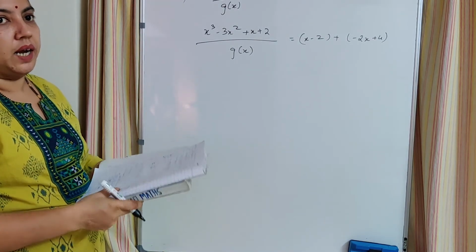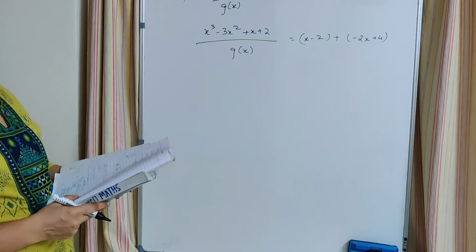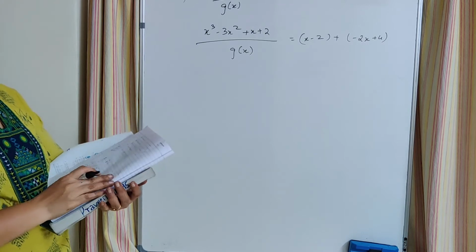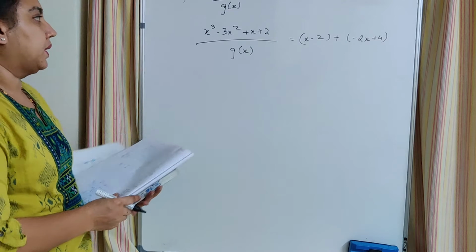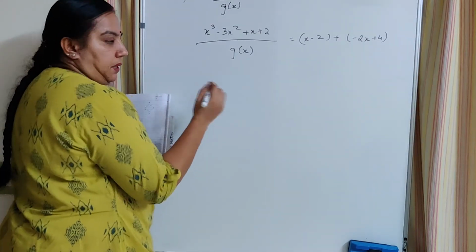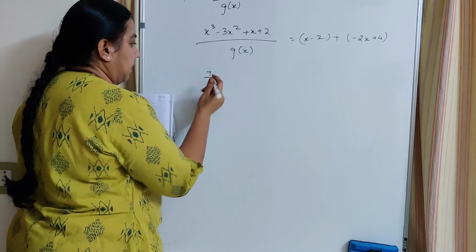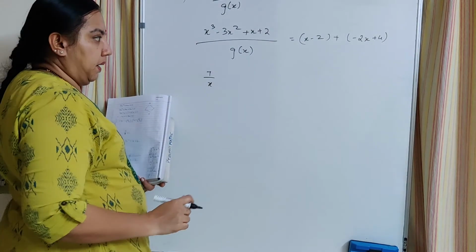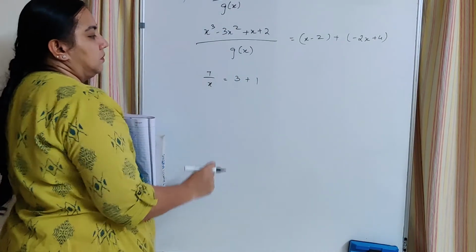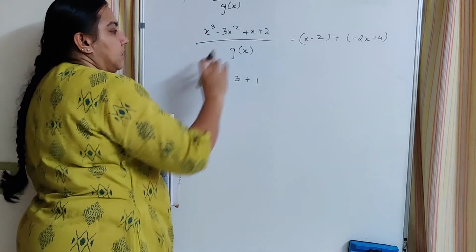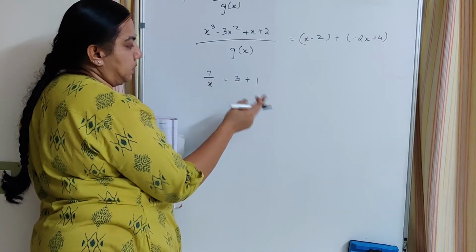Now you have to understand that in a normal division, if it's a number, I will explain it with a number so that you can understand it very easily. Consider simple numbers, 7 by x is equal to 3 plus 1.